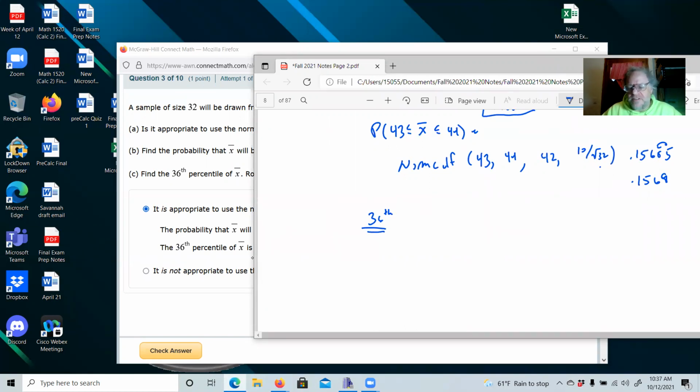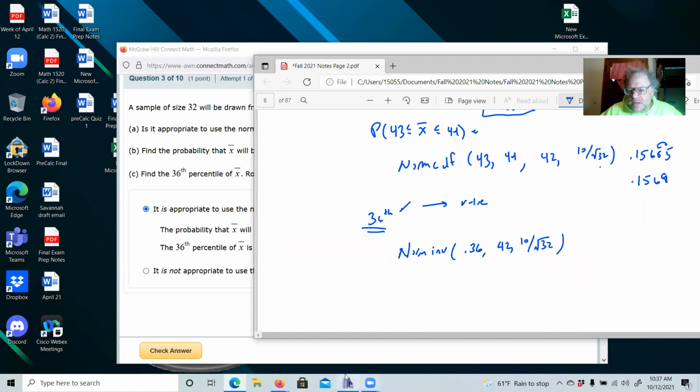Okay, 36th percentile. Here we're given a percentage, and we have to go back to a value. So that's going to be inverse norm of 0.36 for our percentile. Again, what was our average? Our average was 42, and our standard deviation was 10 over the square root of 32.